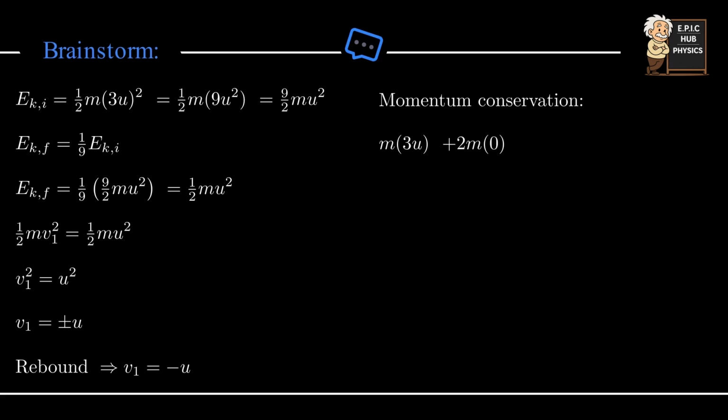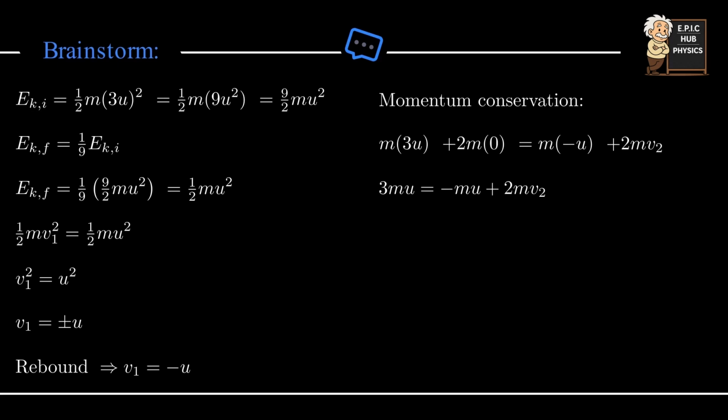After the collision, the first object has velocity minus u, and the second object has velocity v2. So the total momentum becomes m multiplied by minus u plus 2m multiplied by v2. The left-hand side simplifies to 3mu, the right-hand side simplifies to minus mu plus 2mv2.